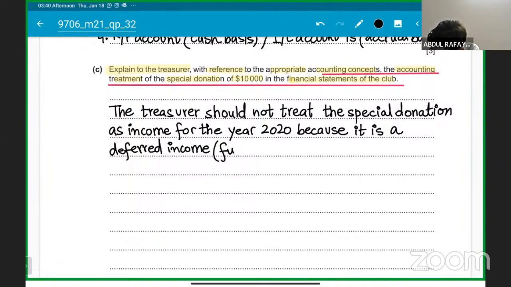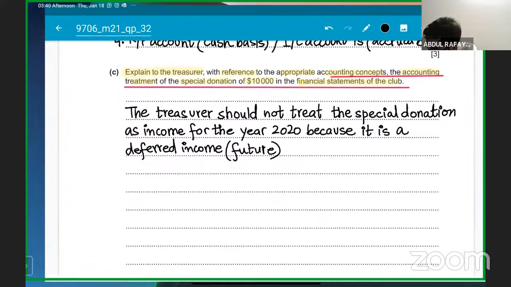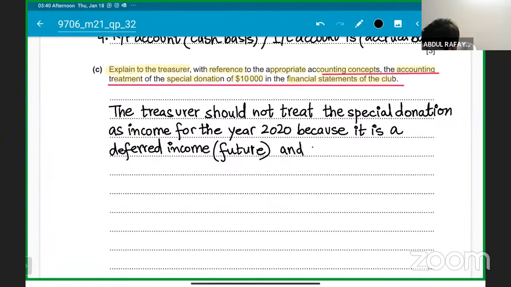It is a deferred income for the future perspective, and should be treated in the statement of financial position. Everyone getting it clear?